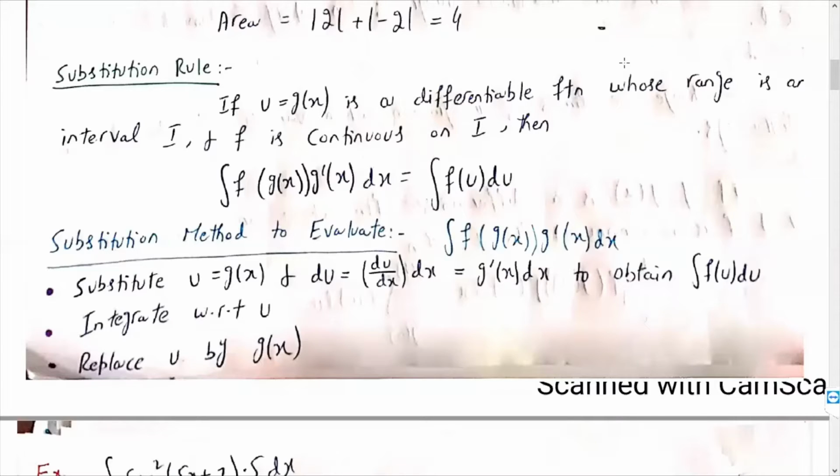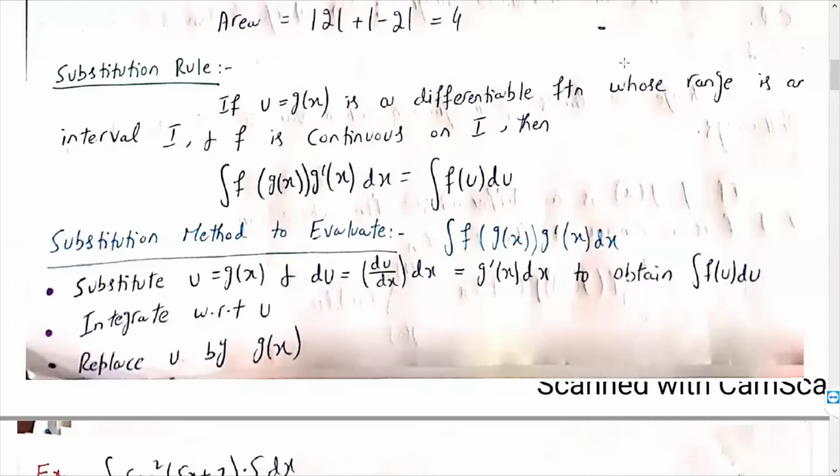According to the substitution method, a given integral f of x dx can be transformed into another form by changing the independent variable x to u, and this is done by substituting x equals g of u. It is important to note that you should make the substitution for a function whose derivative also occurs in the integrand.